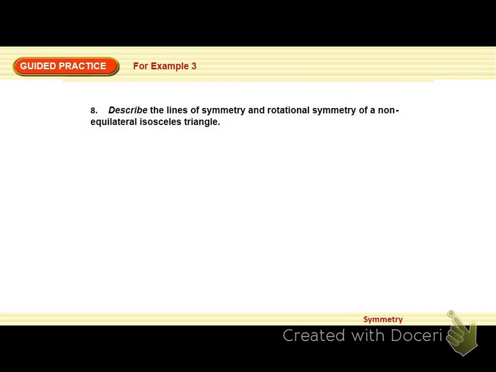This next example. Describe the lines of symmetry and rotational symmetry of a non-equilateral isosceles triangle. A non-equilateral isosceles triangle would look something like this. Isosceles, but not equilateral, so not all 3 sides are the same. And so the only line of symmetry that you're going to have for this guy is coming right down through the middle, or an altitude, right?